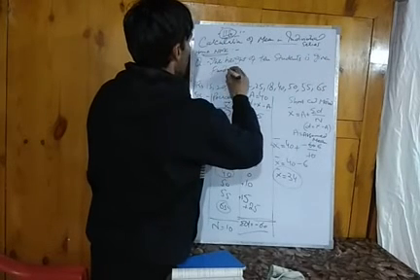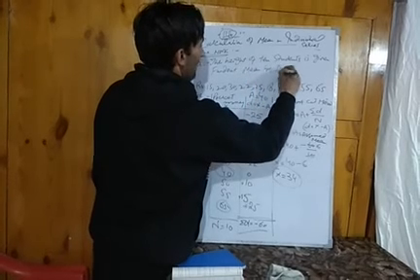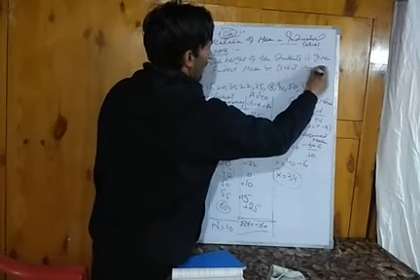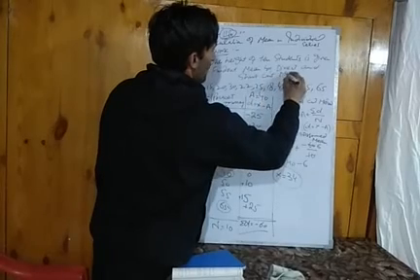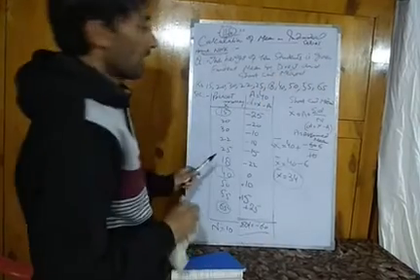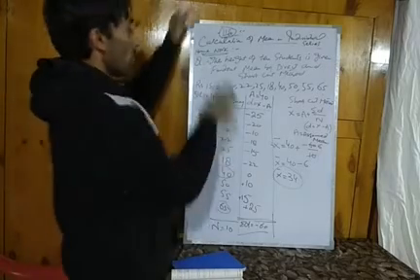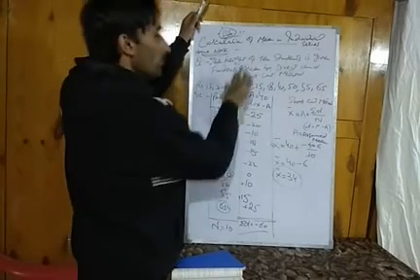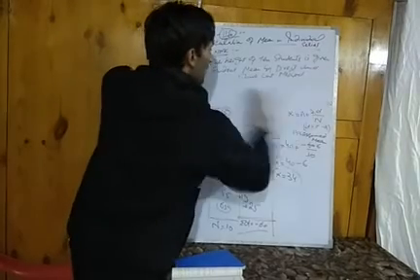Find out the mean by direct and shortcut method. I will give here the height of 10 students, and you have to calculate the mean by direct method and by shortcut method.